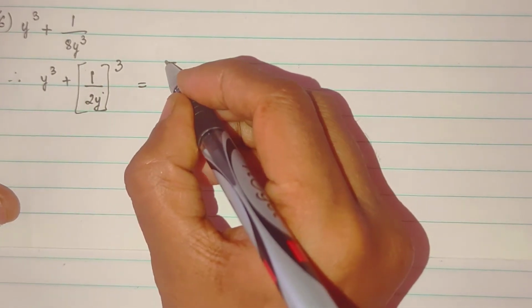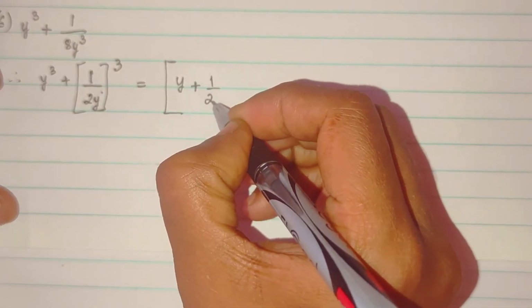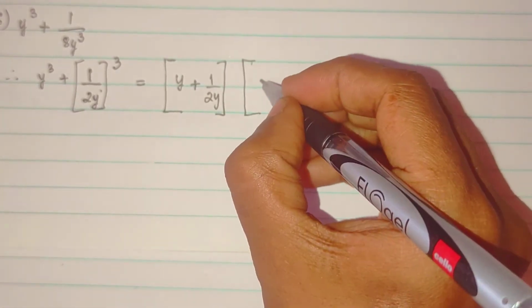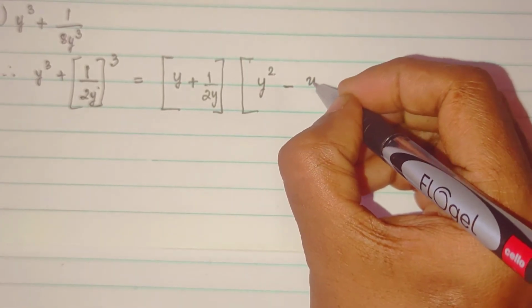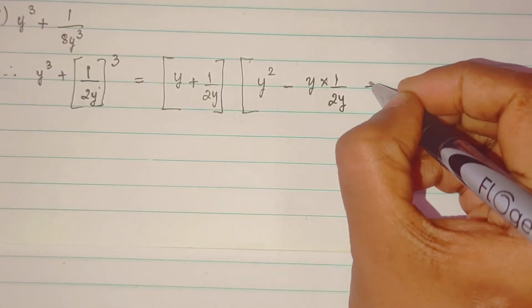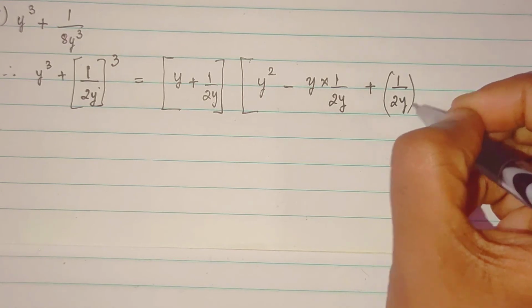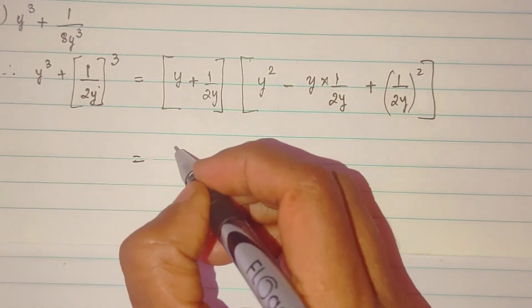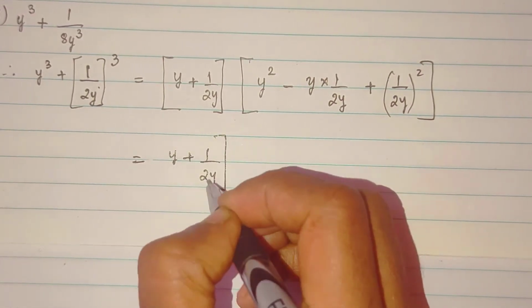So when we split them according to our formula, a plus b, then a square minus a into b, and then plus b square. Now see, y plus 1 upon 2y will be as it is.